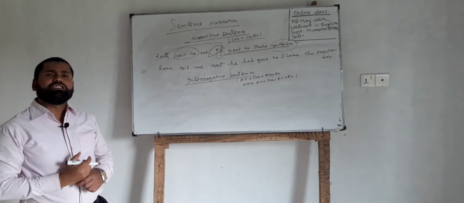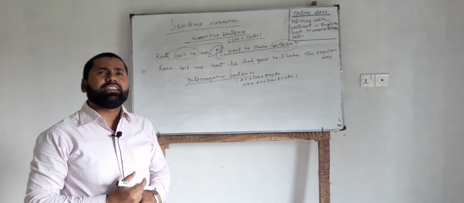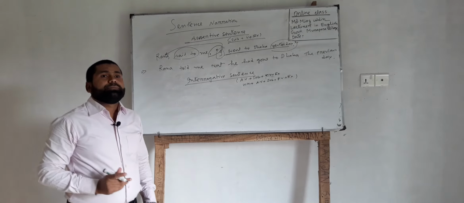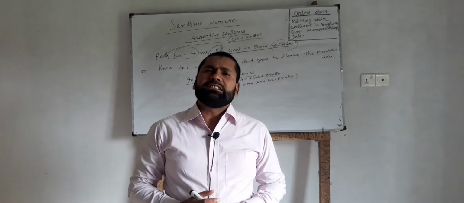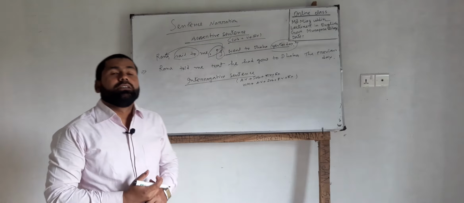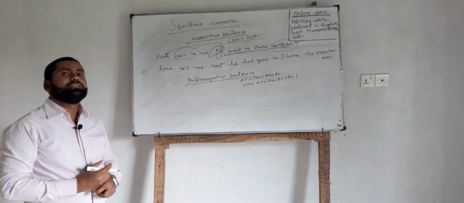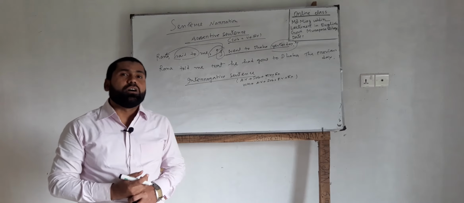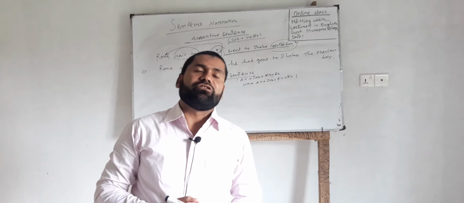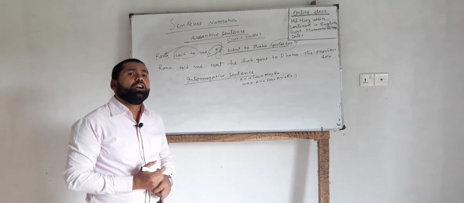There are 2 types of interrogative sentence: one is the yes-no question and another is the WH question. When the reported speech is an interrogative sentence, the reporting verb said is changed into asked, and we use a conjunction instead of comma and inverted comma.